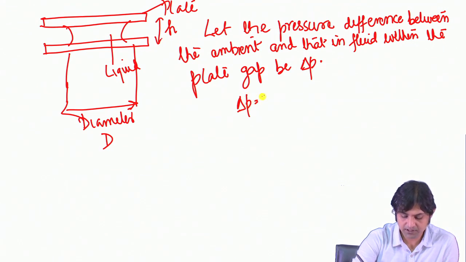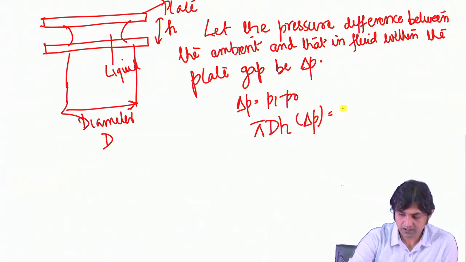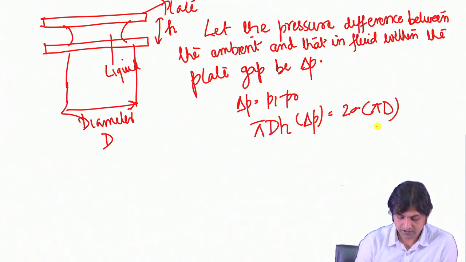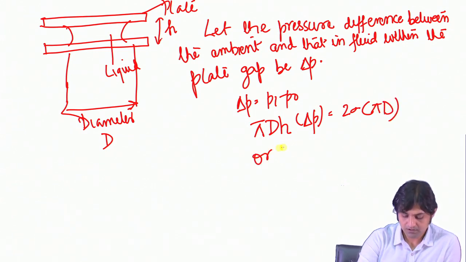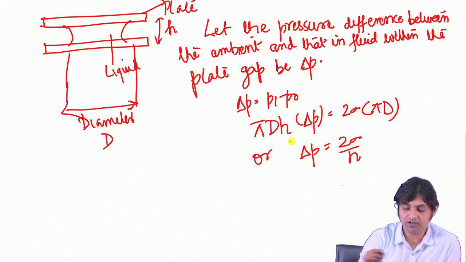Then delta P can be given as P1 minus P0, or pi d H delta P can be written as 2 sigma pi into d, or delta P is equal to 2 sigma by H in our case.